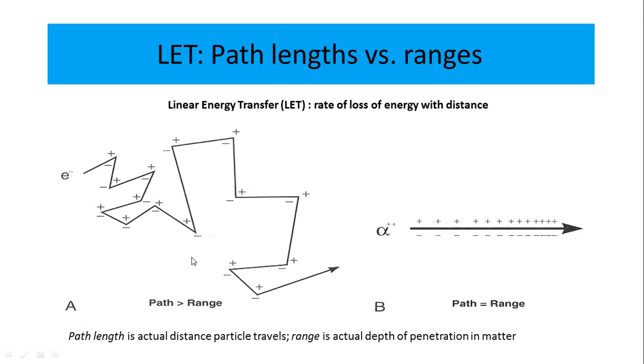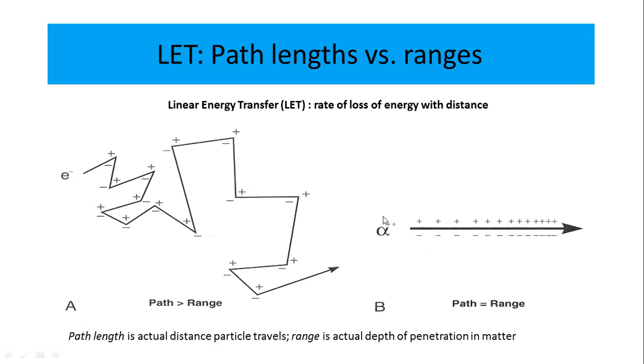These two important factors should be considered when you discuss the loss of energy by the ionizing radiation. The important point is the penetration power of the alpha radiation.